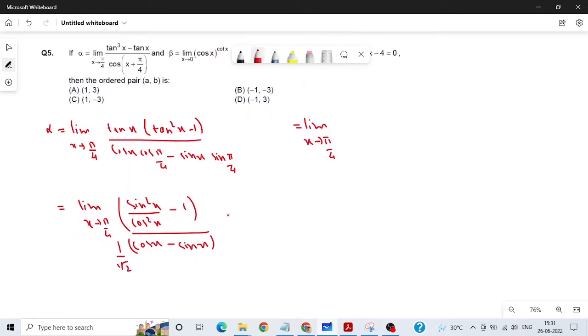So then what we have extra is the limit of x tends to pi by 4 of the tan x function, which we are separating the limit for because it's well defined. Tan of pi by 4 is going to be 1.